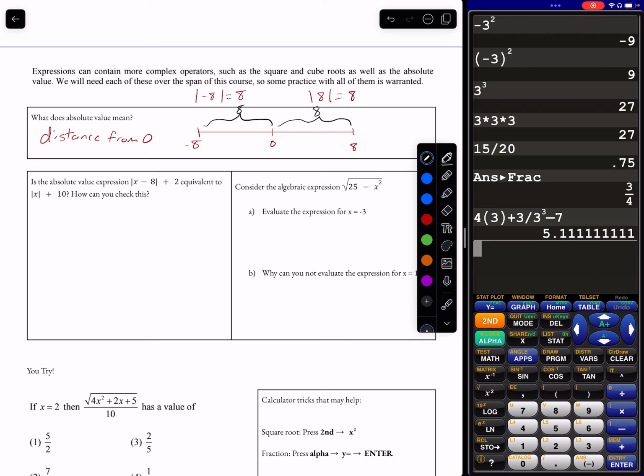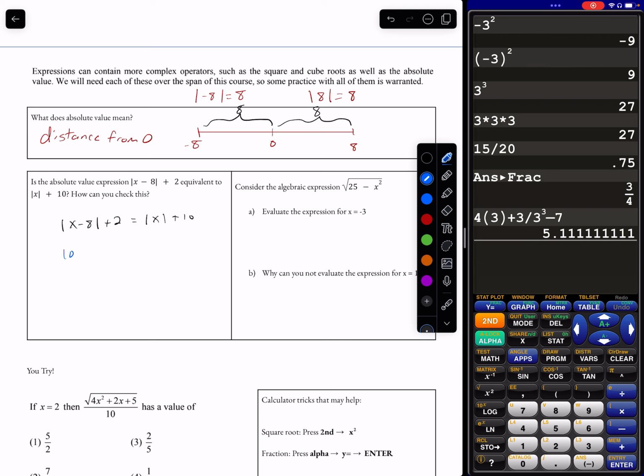So if we look at this, is the absolute value of x minus 8 plus 2 the same as the absolute value of x plus 10? How can we check this? Let's just pick a nice, easy number, like 0.